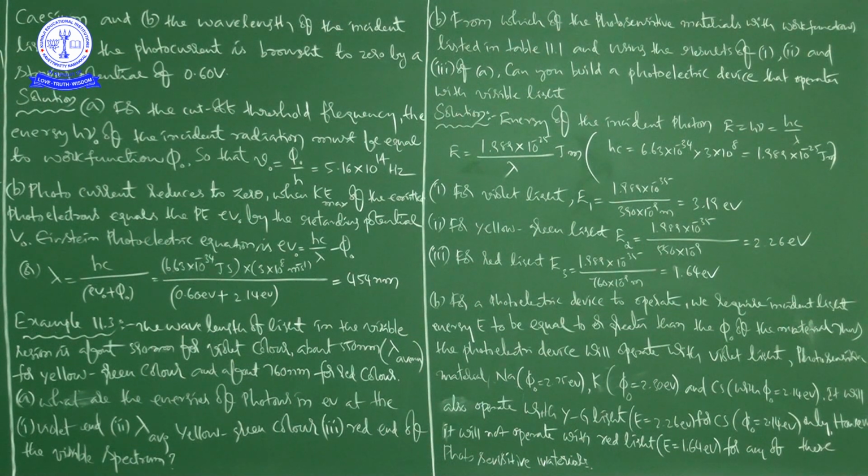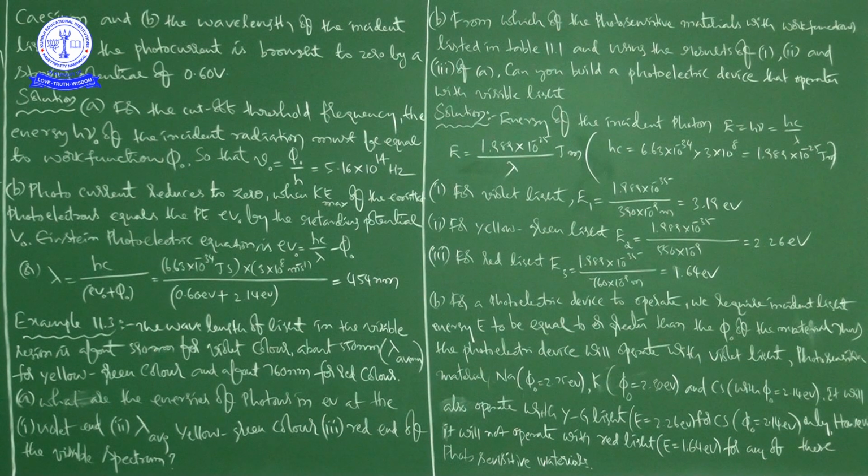From our theory, we know the relation between the wavelength of incident light and work function. Wavelength of incident light means energy of the incident light, and then work function. So what is the relation?